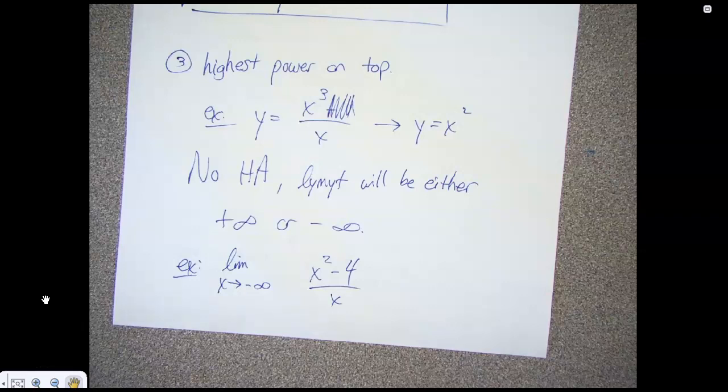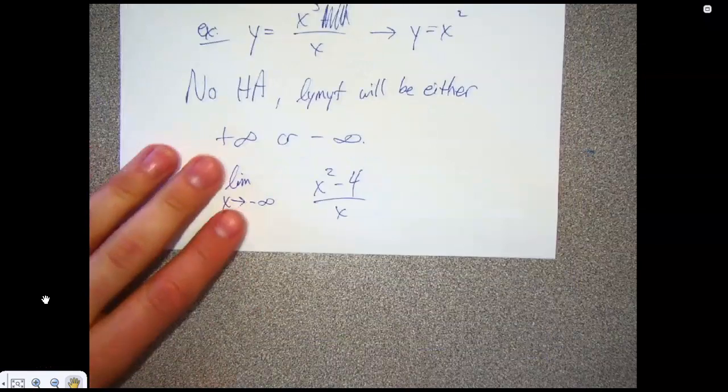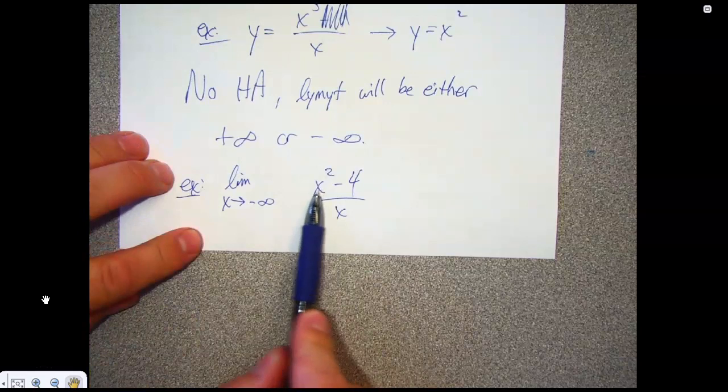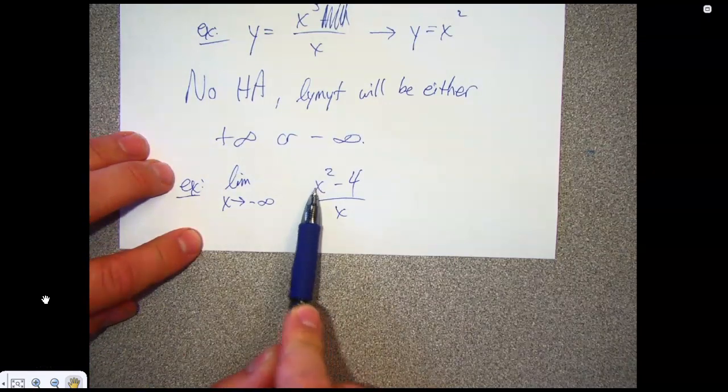First of all, where's the higher power? On the top. So is there going to be a horizontal asymptote? No. But that means my answer is either going to be positive infinity or negative infinity. But I need to figure out which one. So you just kind of think through plugging in a big negative number. If I plug in a big negative number here and square it, what happens to the sign?